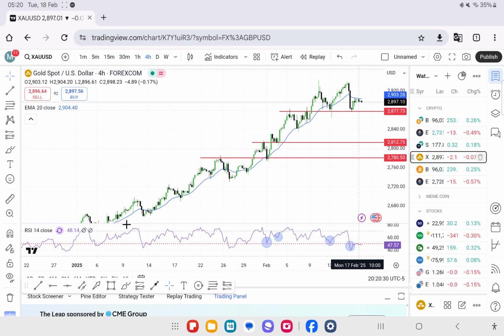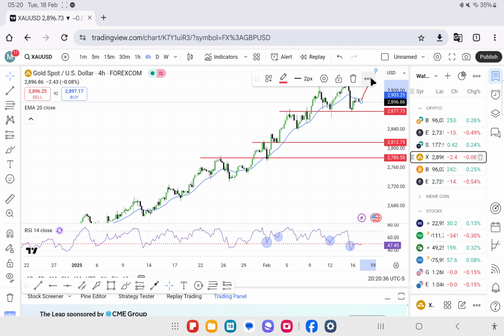If it gives us another high around this level, then we will be in a buying situation again, because then the momentum would be there. The market structure would be telling us that it is intact, and now you can come into the buying situation.